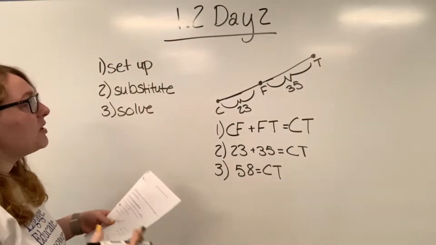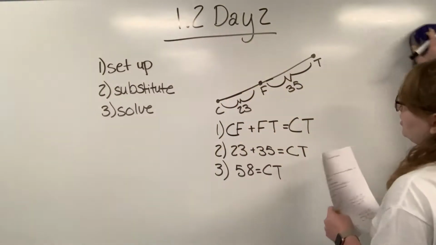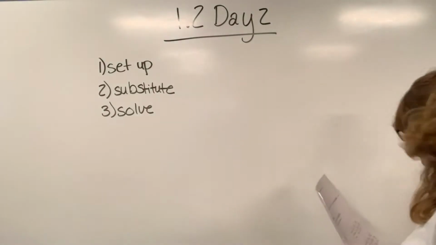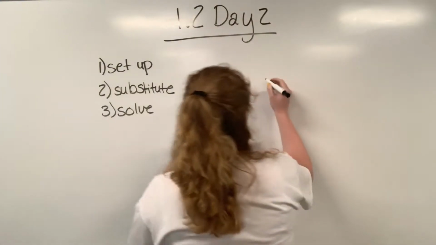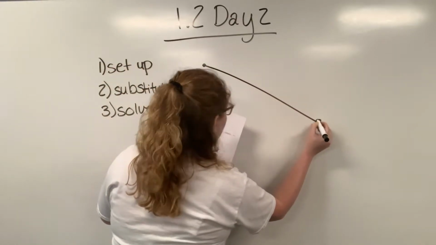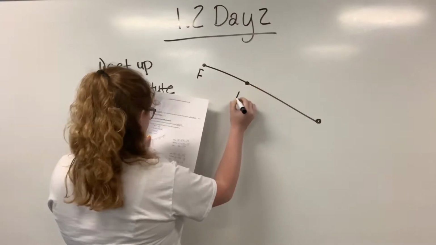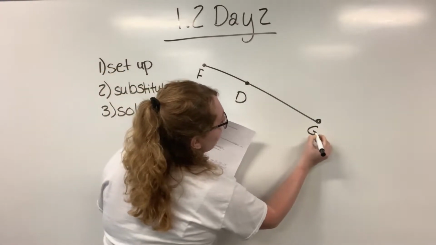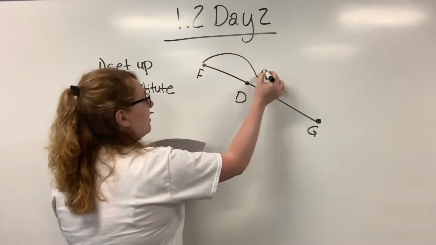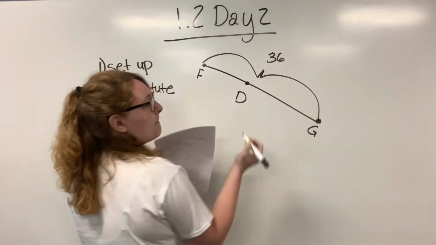Okay? So what if it looks a little different? What if I have the whole distance but not one of the parts? So let's say that we have a segment where there are points F, D, and G. And we know that the distance between F and G is 36.